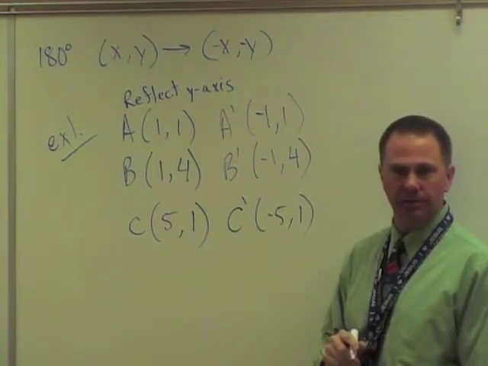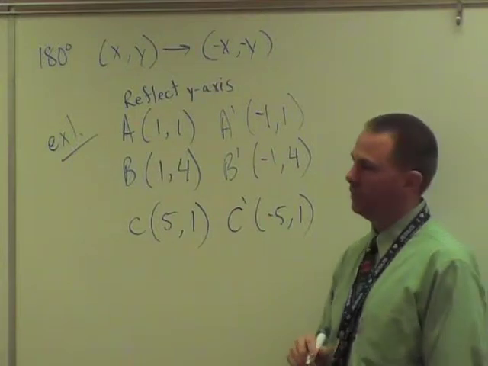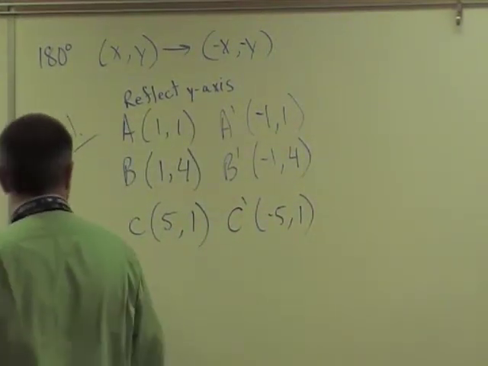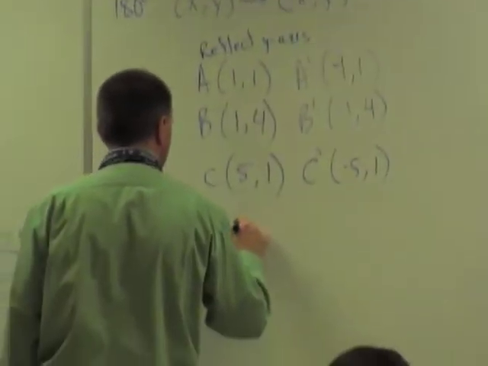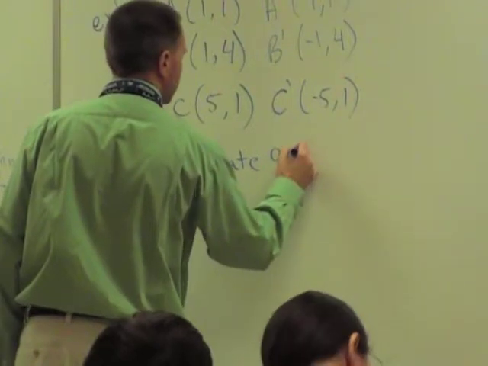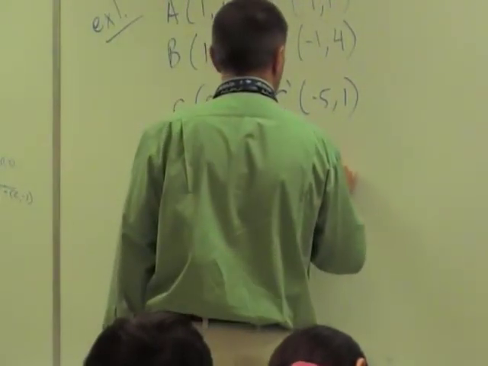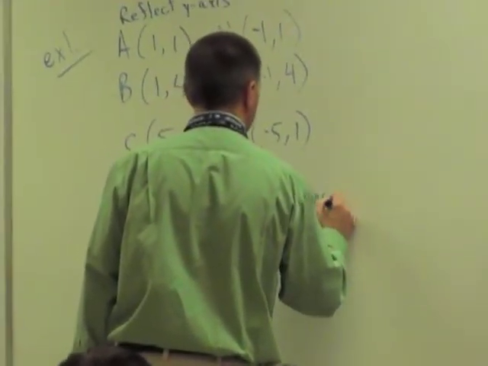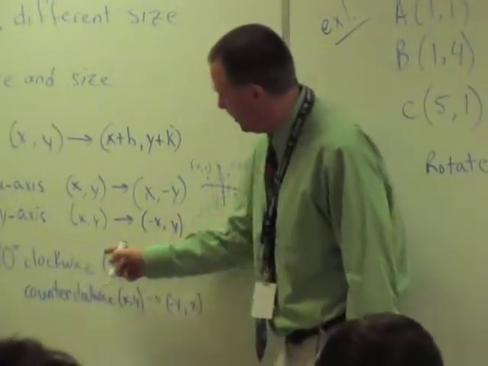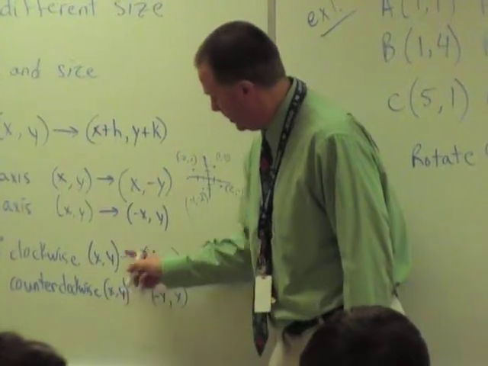That wasn't so bad, was it? Okay, well let's try something else here. Let's rotate the same one 90 degrees clockwise. So, look at your notes. 90 degrees clockwise is this first one here.